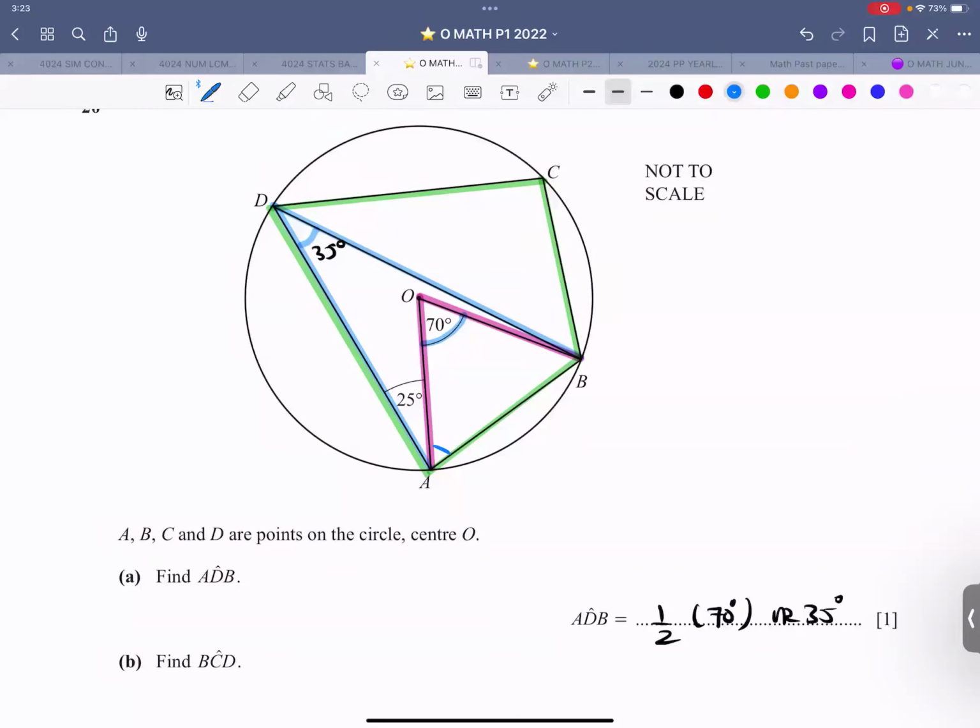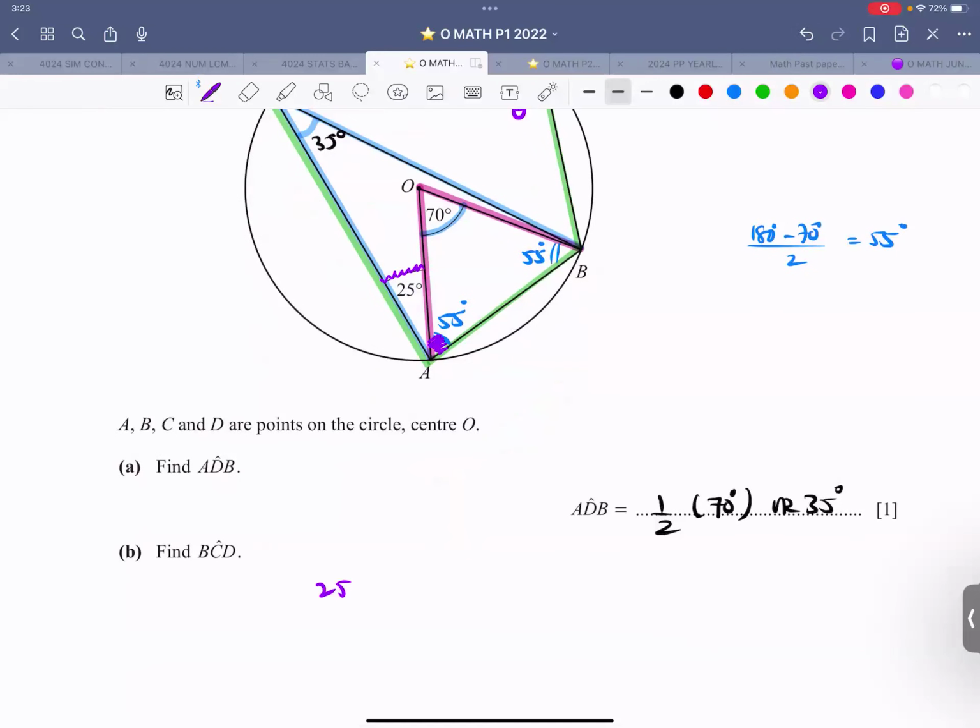This is 70. Therefore, this one and this one is 180 minus 70 divided by 2. That is 55 degrees. So this is 55 degrees. This is 55 degrees. This whole thing, this is 25. This is 55. And let me call this theta.